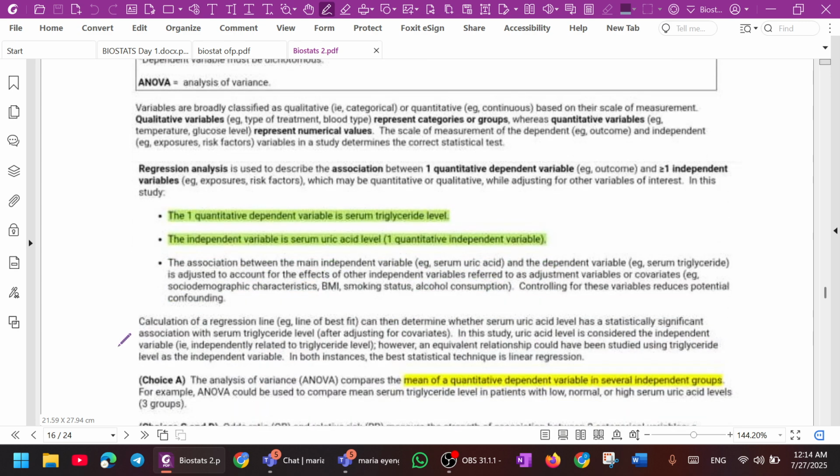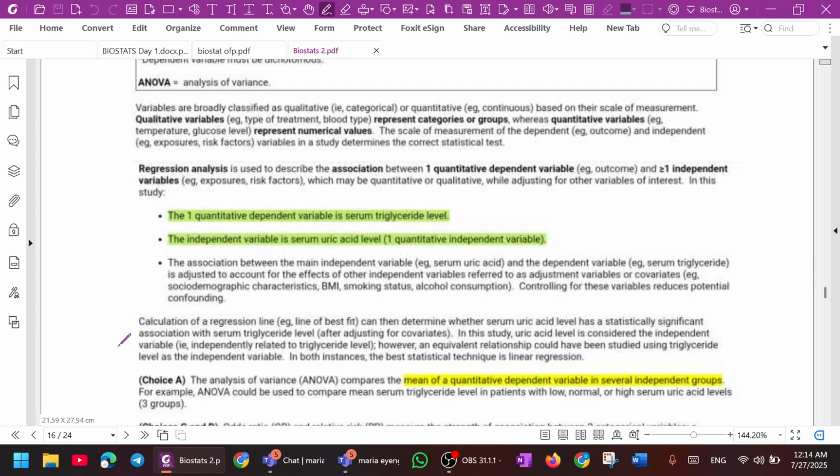Regression analysis is used to describe the association between one quantitative dependent variable, the outcome, and one or more independent variables, the exposure or risk factors, which may be quantitative or qualitative, while adjusting for variables of interest.